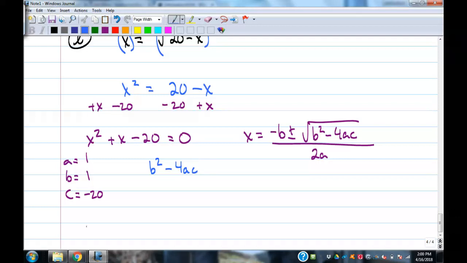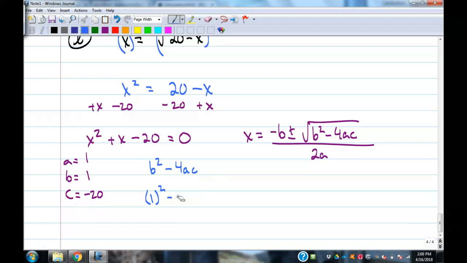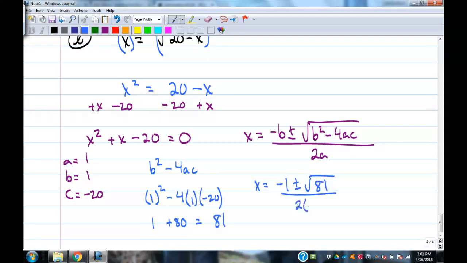Okay? So b squared, that's 1 squared, minus 4 times a times c. So that's going to be 1 squared is 1. Negative 4 times 20 would be 80. So the discriminant is 81. So that means we got 2 answers to this. Of x equals negative 1 plus or minus the square root of 81 divided by 2 times a, which is 1.